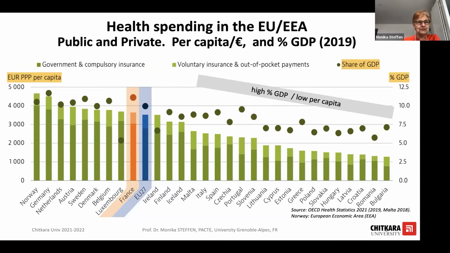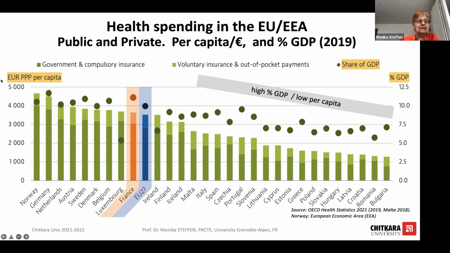And here we have it in euros, because formerly we calculated in dollars, now we do it also in Europe, in euros. So here you have these figures. Let's see Norway, for instance. It has nearly 4,500 PPP euros for each person spent in healthcare.